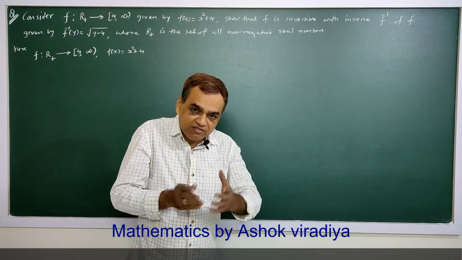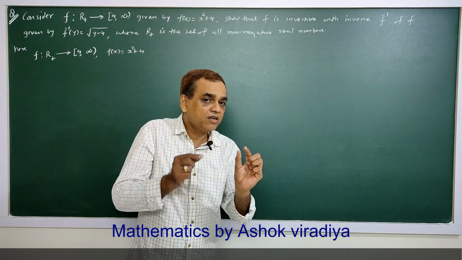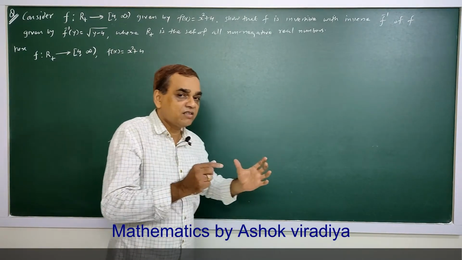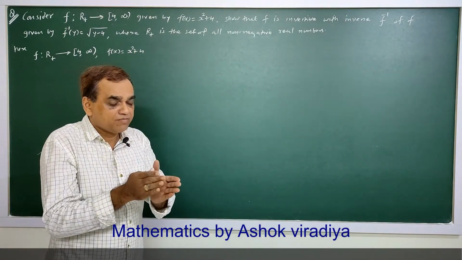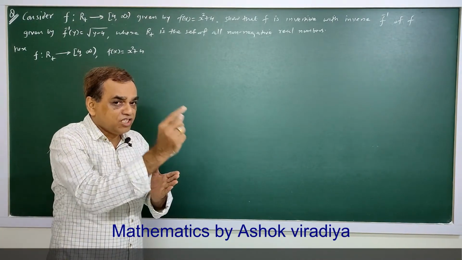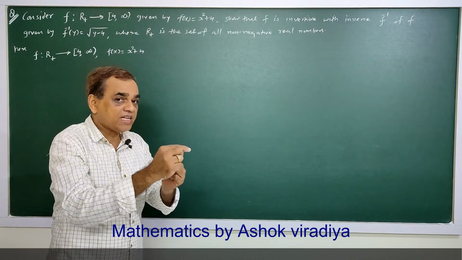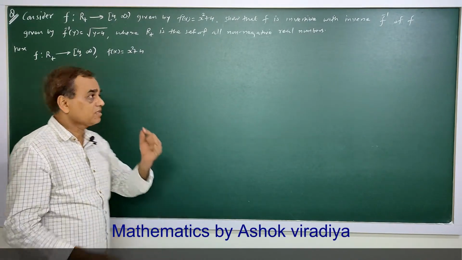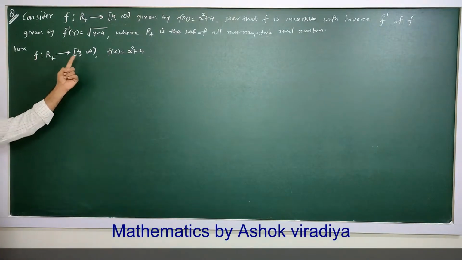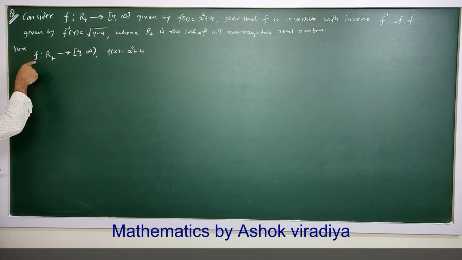But to define g, we require its domain, and in this method we always take the range of f as the domain of g. So let us find what is the range of f.